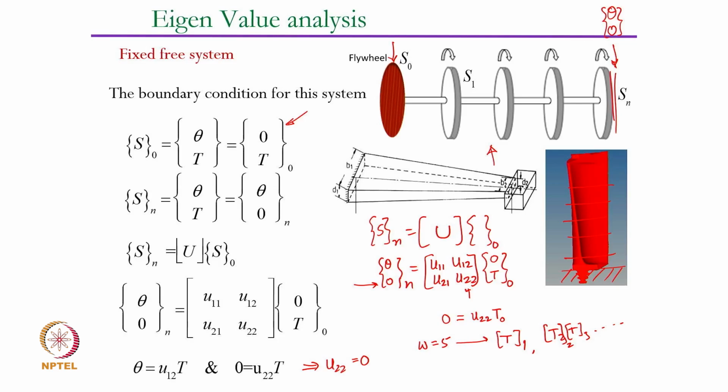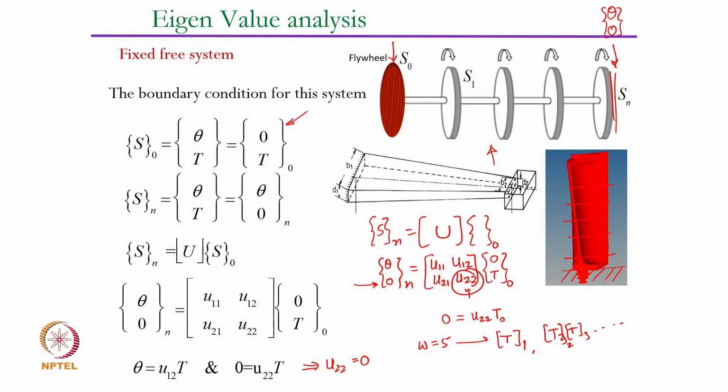What was unknown was omega, so I assume that omega, okay? And then I find out all the individual transfer matrices, multiply all of them, and just find out the value of this particular element. I do not care about what U11, U21 and U12 are. I only focus on U22.